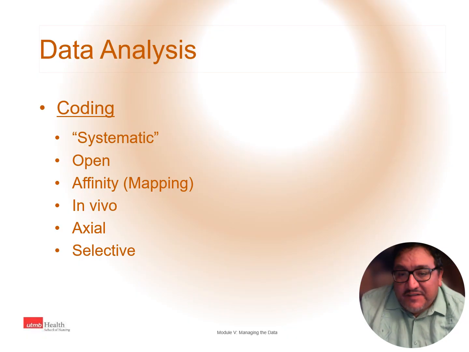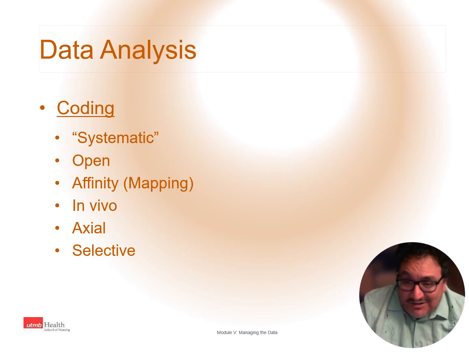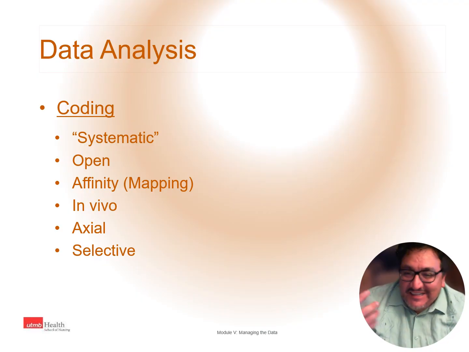The next one is affinity mapping. I think everyone's kind of seen this, if anyone's been in a workshop at any point. It's basically the way that I was taught about affinity mapping. I think they even call it diagramming, but either way, you literally get post-it notes, or little sticky notes, or whatever, and you put them on a wall.